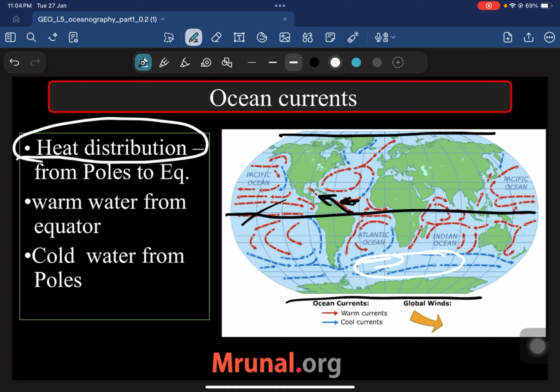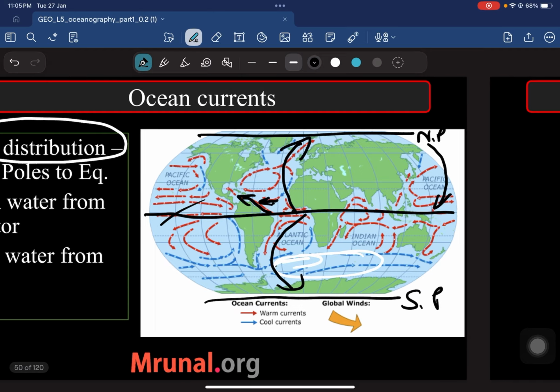These cold currents from the south pole and north pole will move from the poles to the equator, and these red color currents, these are hot currents, will move from the equator to the north pole and south pole. By this, heat will be distributed equally around the earth.